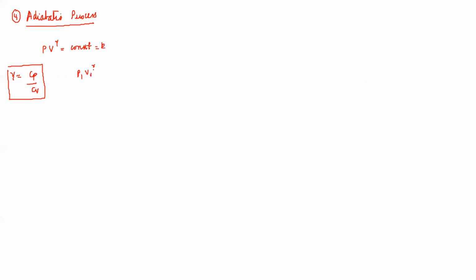And from here we can say P1 V1 to the power gamma is equal to P2 V2 to the power gamma. Also, since the general equation of state gives you P1 V1 by T1 is equal to P2 V2 by T2, using this equation of state, you can actually find the relation between pressure and temperature as well. So for example, this can be written as P1 into V1 by V2 to the power gamma is equal to P2.